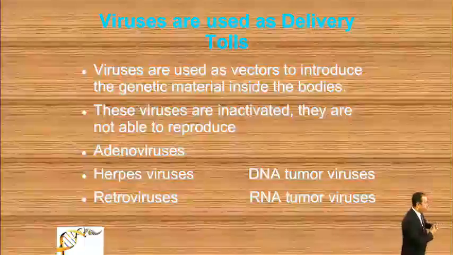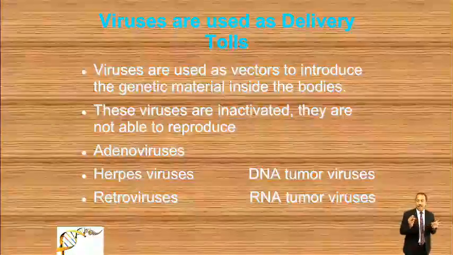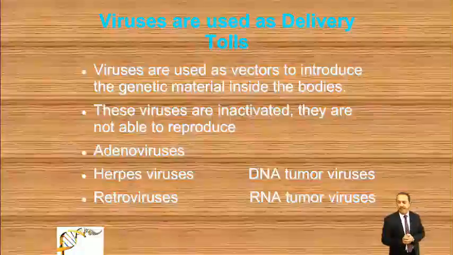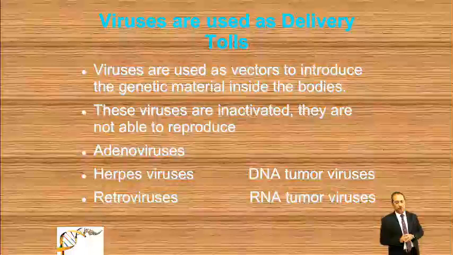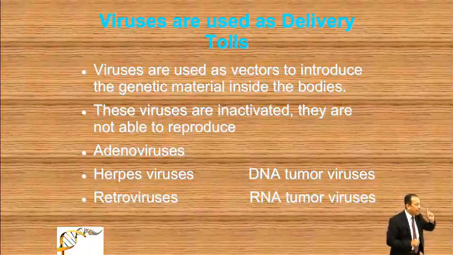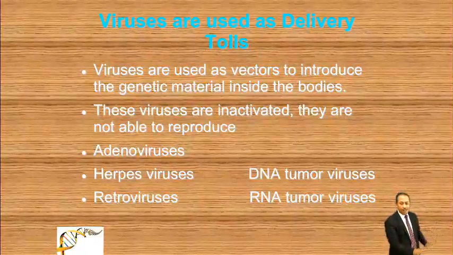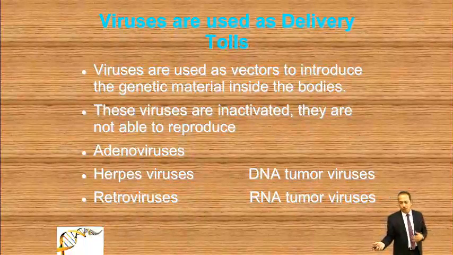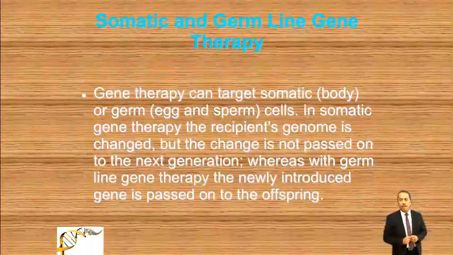Viruses are used as vectors to introduce the genetic material inside the body. These viruses are inactivated. They are not able to reproduce. They are genetically engineered, like adenovirus, which is a DNA tumor virus. Retrovirus is one of the RNA tumor viruses.